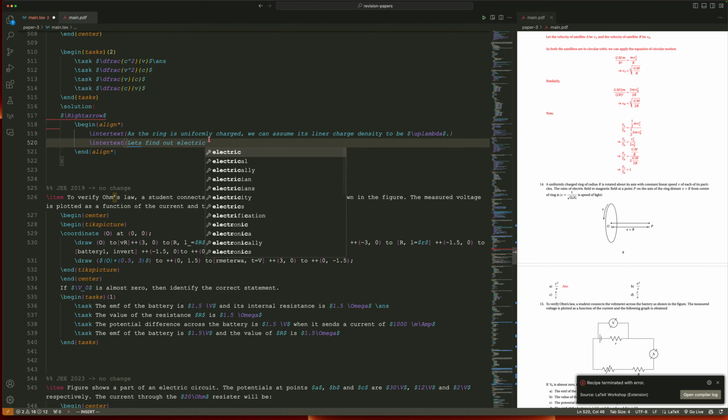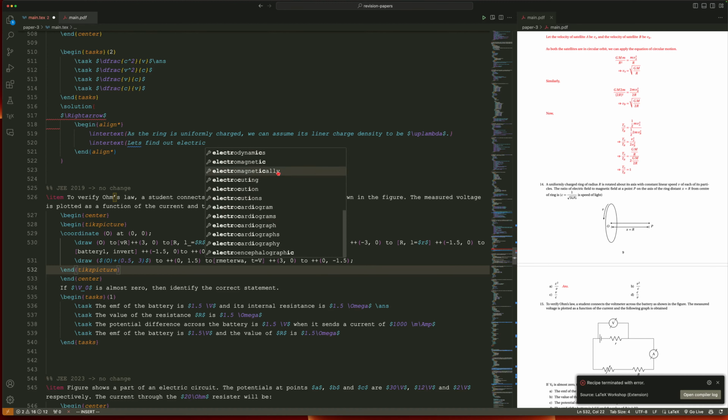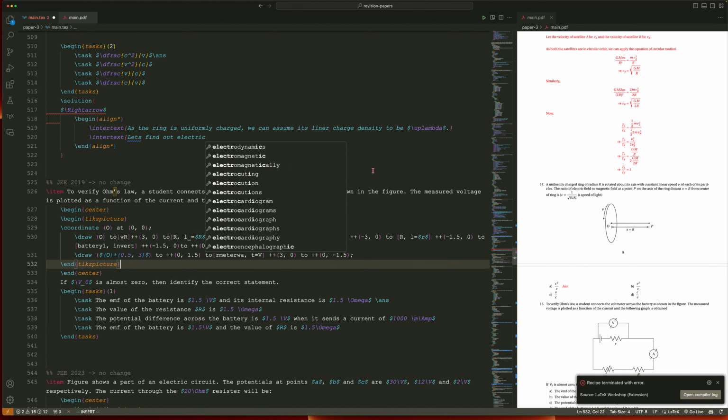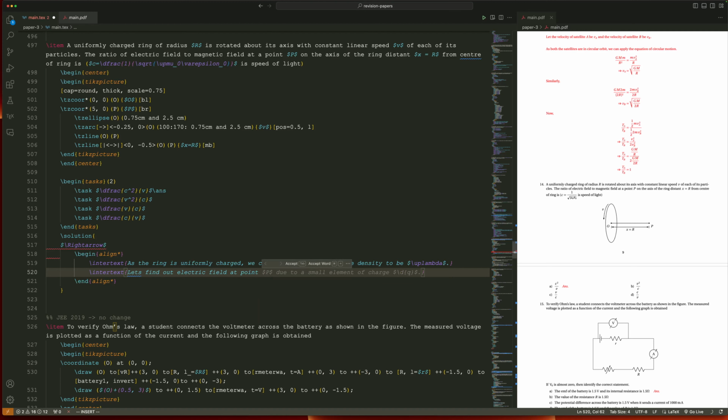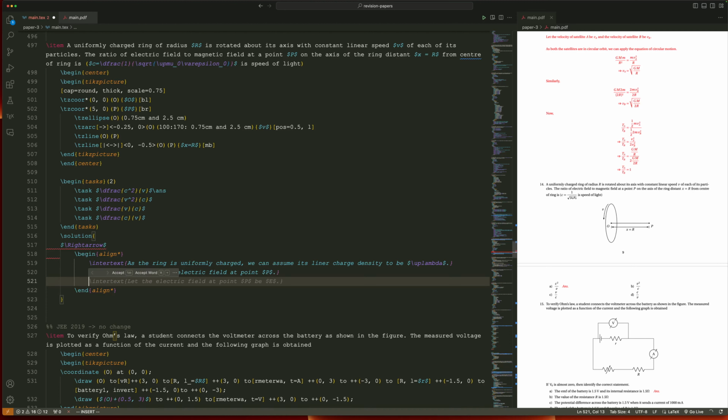I think it's just not responding. I don't know what is happening with this. So what to do? Electric field at point P. Delete.